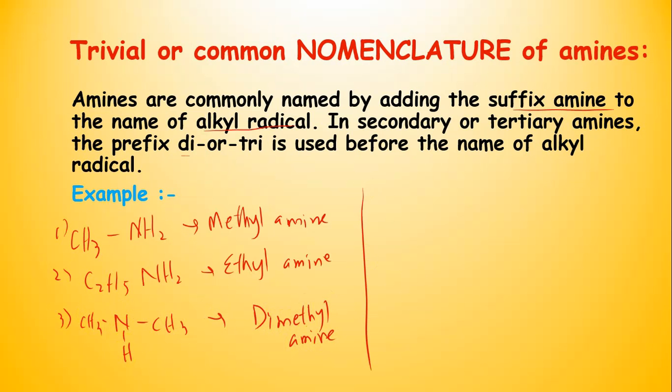And then the next is CH3 and then N, and then CH3 and CH3. This is called trimethylamine, and as we have discussed, it is under the heading of tertiary amine.